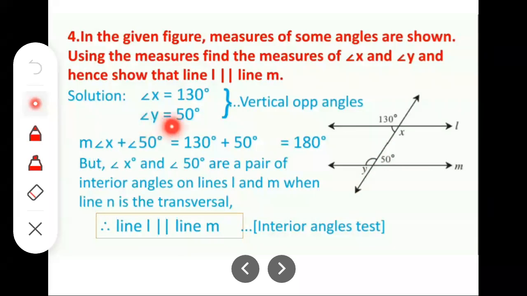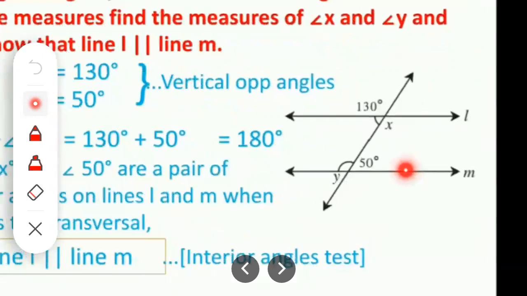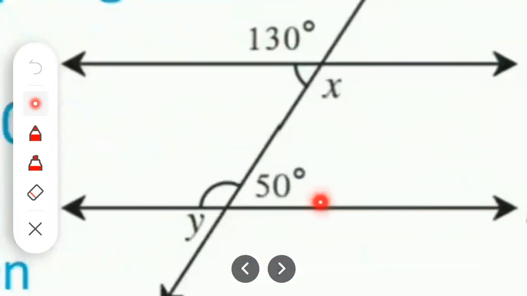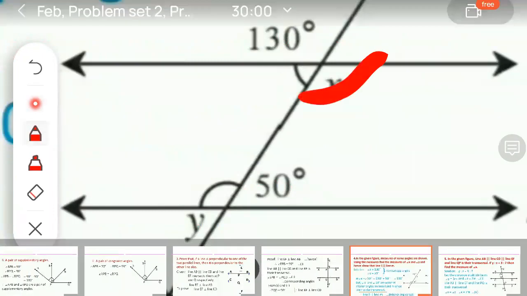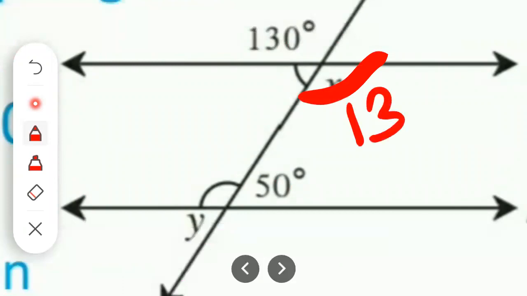Okay, now the second part: we have to show that line L is parallel to line M. Now see in the diagram, x is 130 degrees.